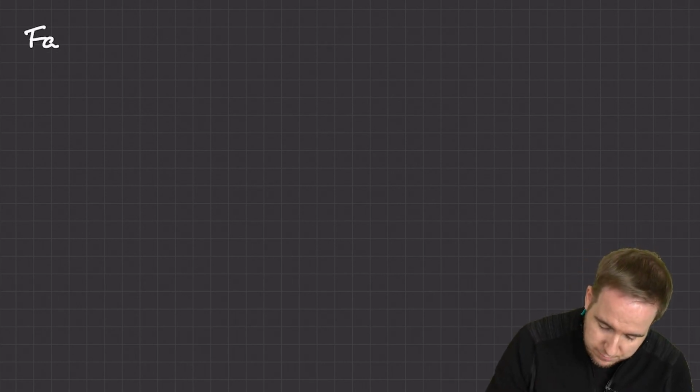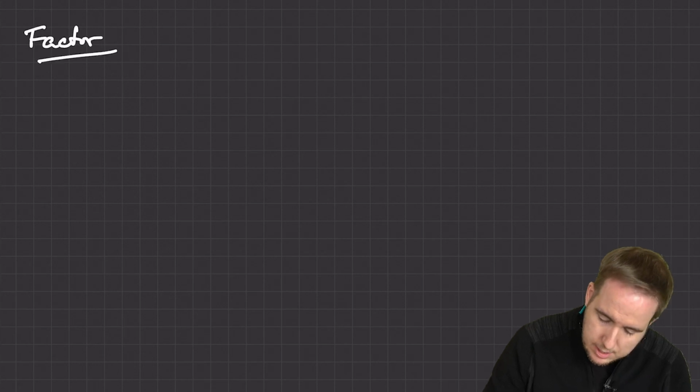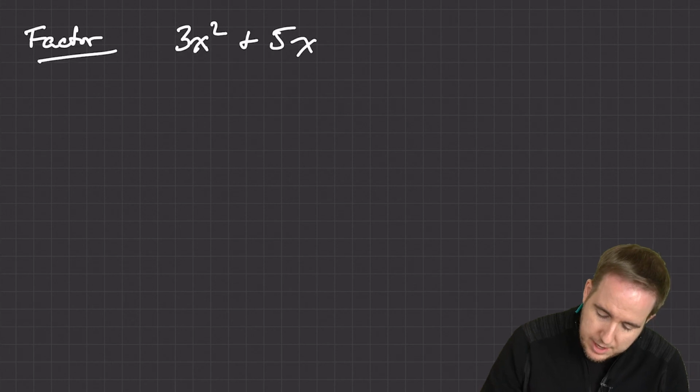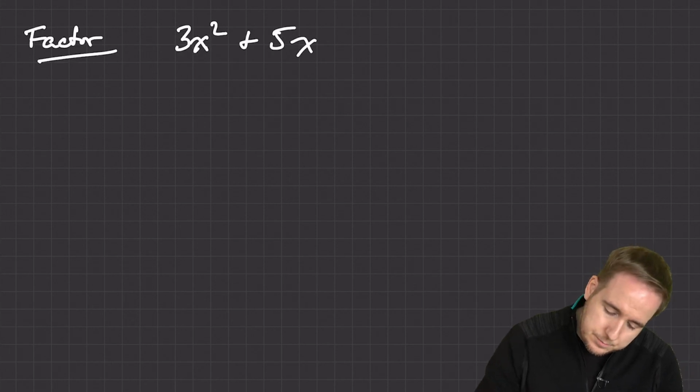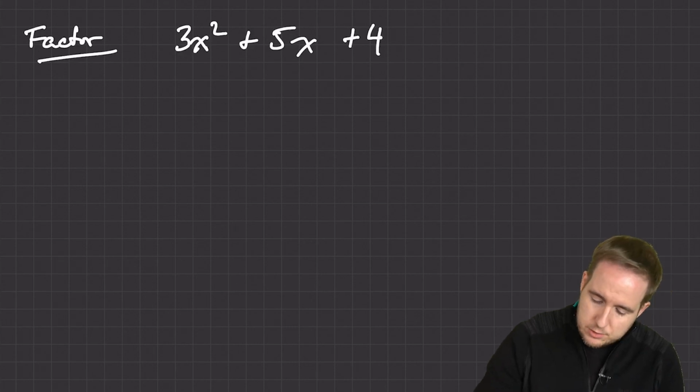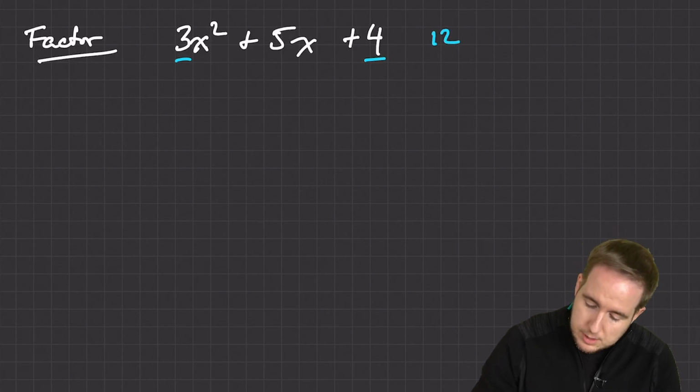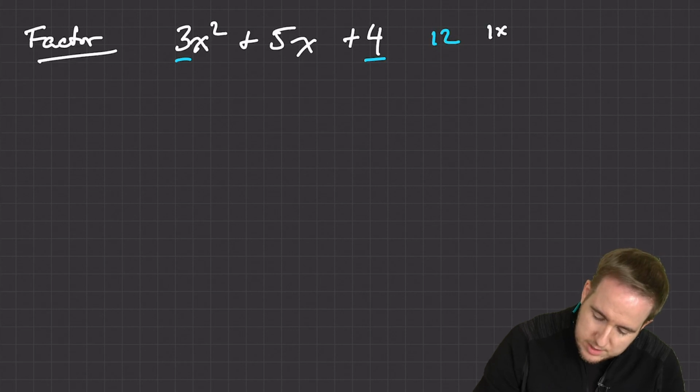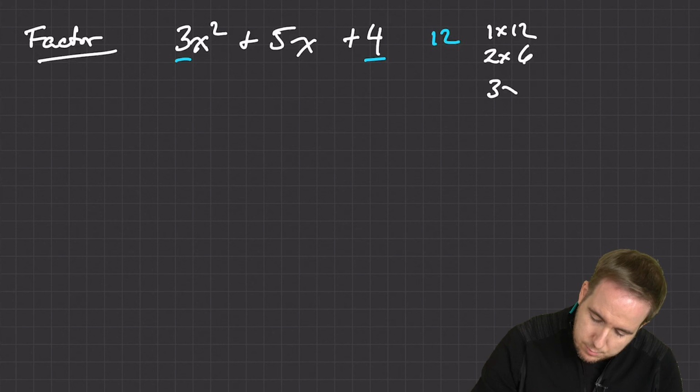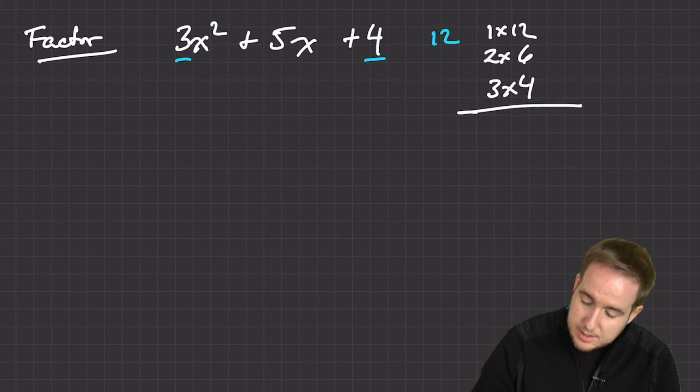So if the instructions are factor, and I will do 3x squared plus 5x plus 4. Okay, so the way I do this is I look at the first number and the last number. 3 times 4 is 12. I'm really hoping this doesn't work, otherwise I'm going to have to re-record this. 1 times 12, 2 times 6, 3 times 4, done.